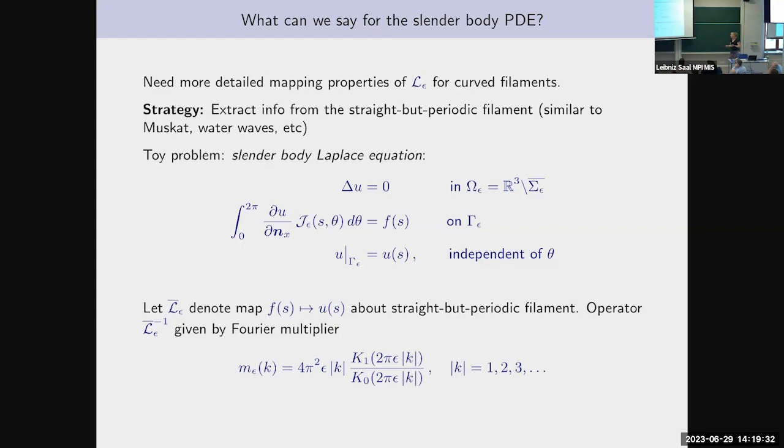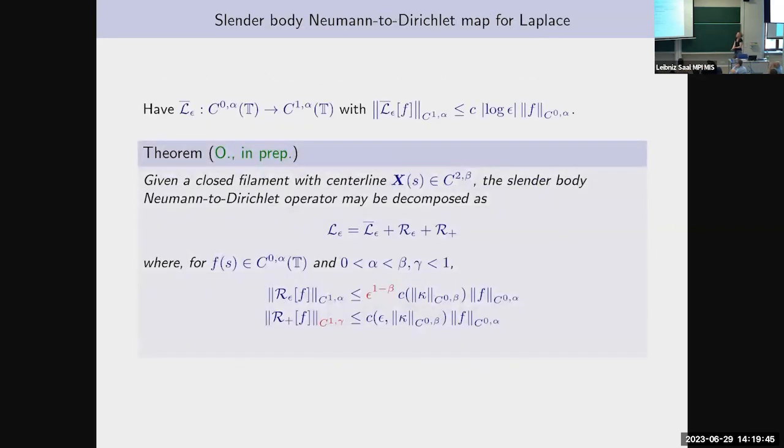And L epsilon inverse is given by a Fourier multiplier that we can explicitly write down, just a ratio of Bessel functions again, right? So for the Laplace setting, we know everything that we want to know about the straight periodic filament because we have an explicit Fourier multiplier.